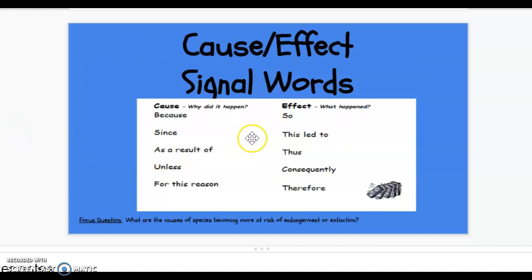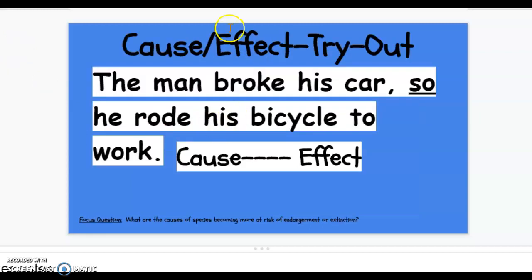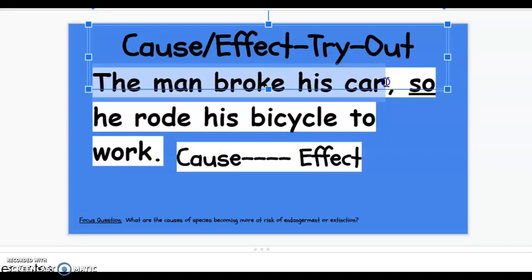And you see, after the so, we have the effect. And before the so, we have the cause. The man broke his car would be the cause. So he rode his bicycle to work is the effect.